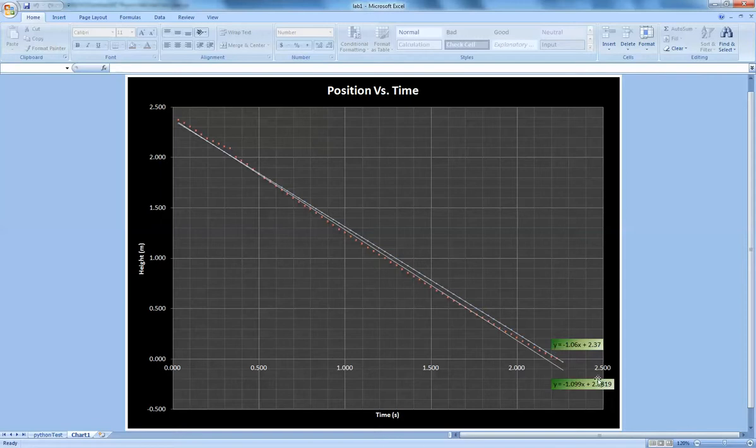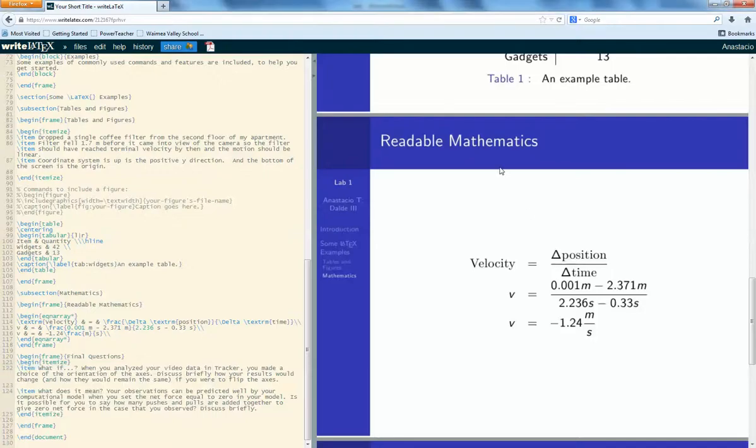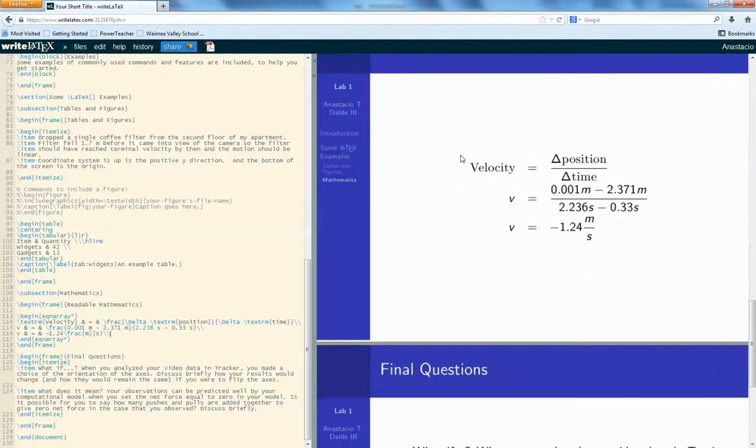I gave you the equations of both these graphs, and the slopes, which are the velocities, are pretty similar. We're looking at negative 1.06 versus negative 1.099. I think an interesting thing that you'll see is that when I calculated my velocity initially, I was looking at velocity equal to negative 1.24 meters per second.